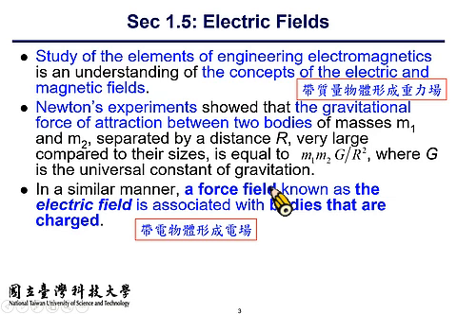As you know, Newton's experiment shows that a gravitational force of attraction exists for anything that has mass. The gravitational force is proportional to the product of the two masses, and inversely proportional to the square of the distance between the two objects.